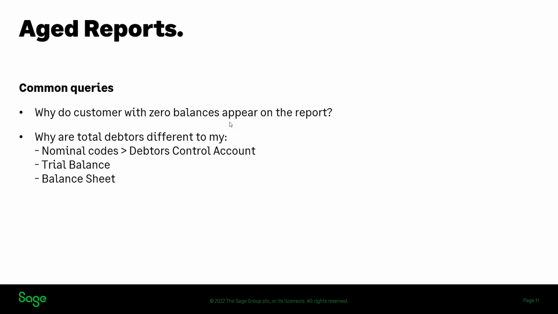So it's quite common if you take customer deposits, for instance, but you then invoice the customer in the same period. You've got an outstanding payment on account and an outstanding invoice in the same period. So the net effect is it's going to show a zero balance in that period, but it includes it on the report because there are outstanding transactions.